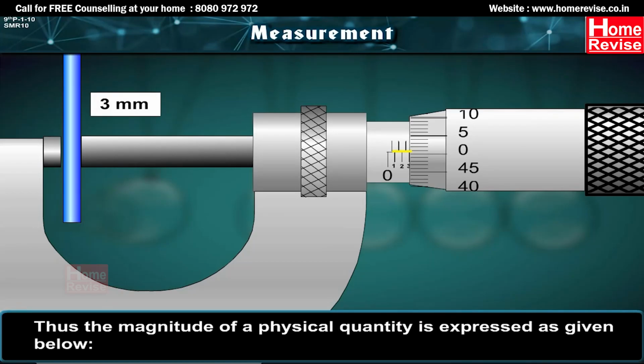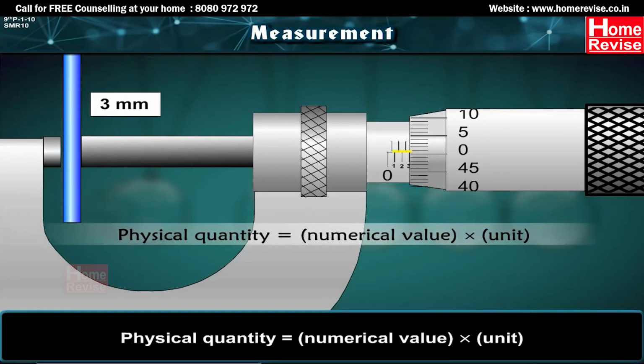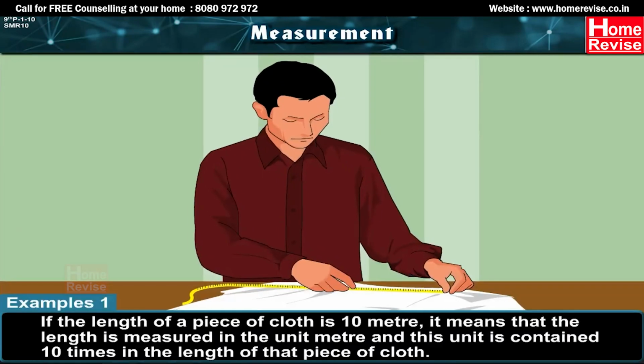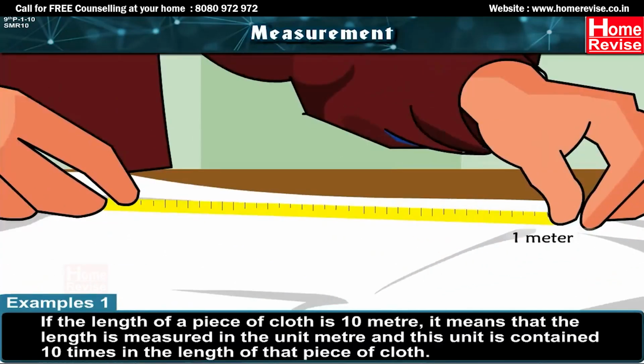Thus, the magnitude of a physical quantity is expressed as given below. Physical quantity is equal to numerical value into unit. Examples. First, if the length of a piece of cloth is 10 meter, it means that the length is measured in the unit meter, and this unit is contained 10 times in the length of that piece of cloth.